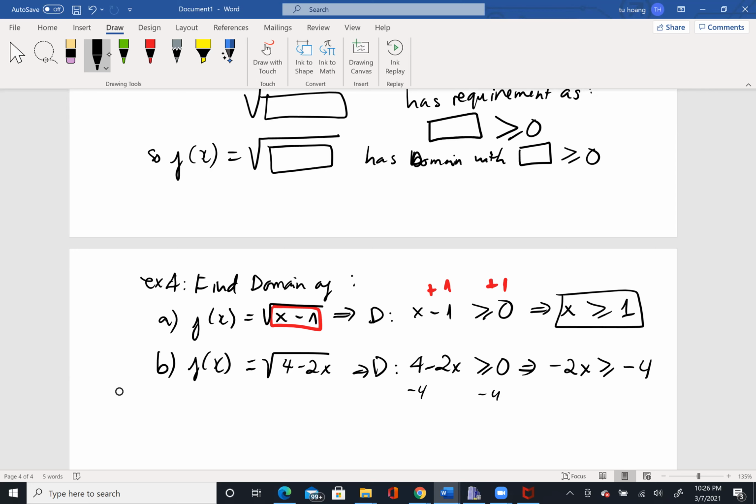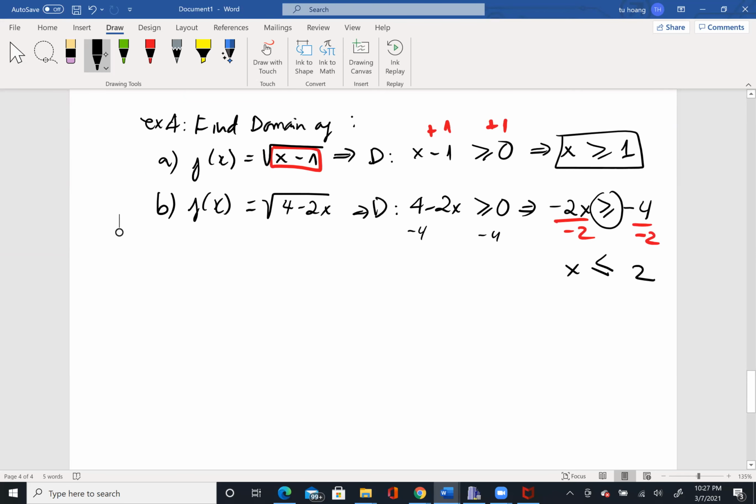And now you need to divide both hand sides by negative 2, right? So what you do is you have the left hand side going to be x, the right hand side going to be 2, but the inequality now changes direction to less than or equal to 2. Okay, so x has to be less than or equal to 2. Okay, and this is the domain.